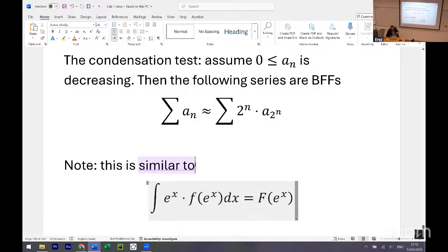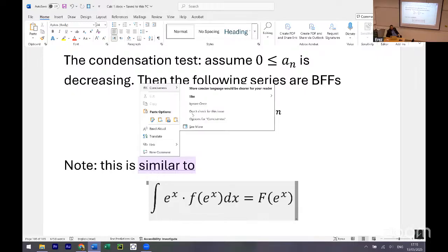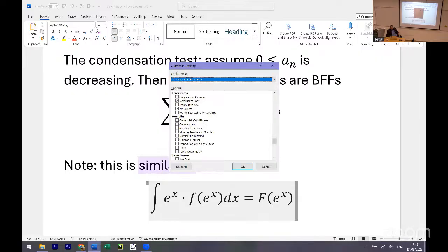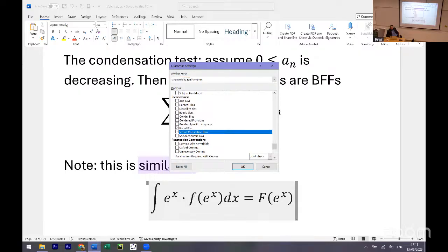Skibidi calculus, but skibidi, it's so concise. Don't press that button ever again. Don't check for this issue for the love of God. But it gives us all options. There are formality options, inclusiveness.